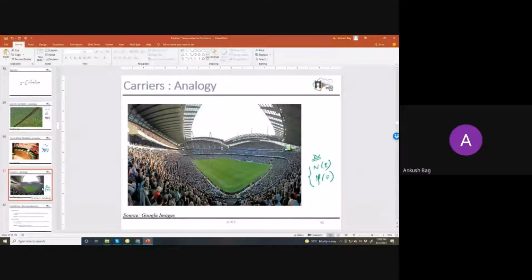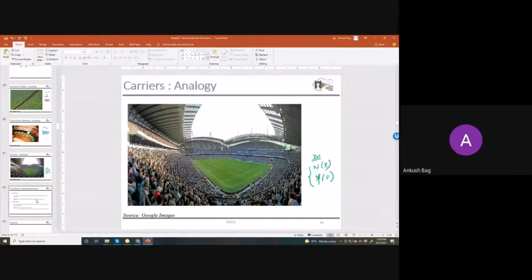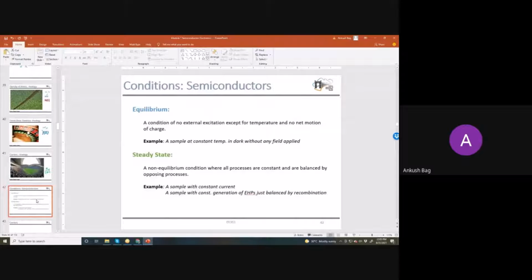So today, we'll continue the quantification of conductivity, and we'll try to quantify the Fermi function as well as the density of states and all other parameters.